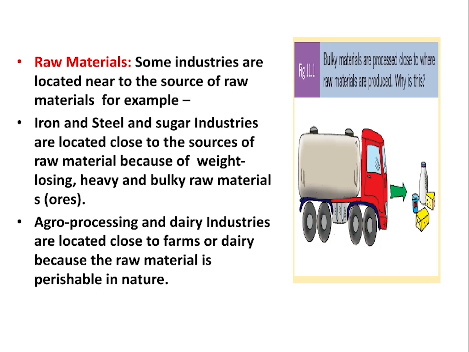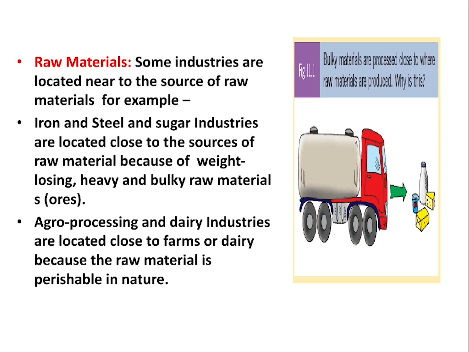And the sugar industry: in order to convert sugarcane to sugar, we have to crush the sugarcane within 24 hours to get better sugar. Also, sugarcane is weight losing and perishable.